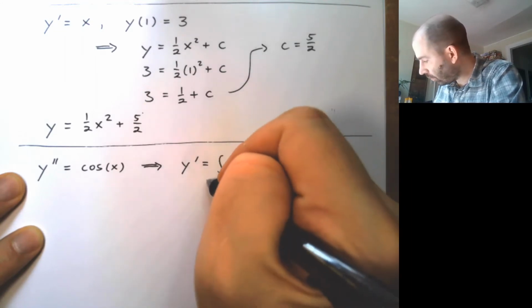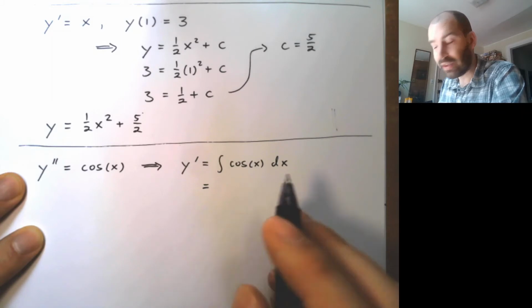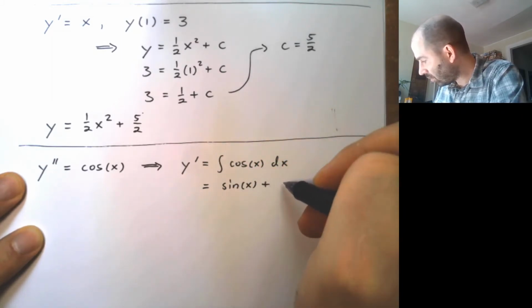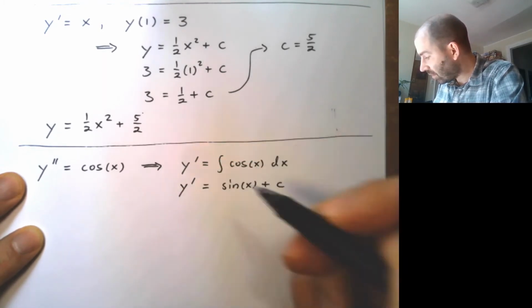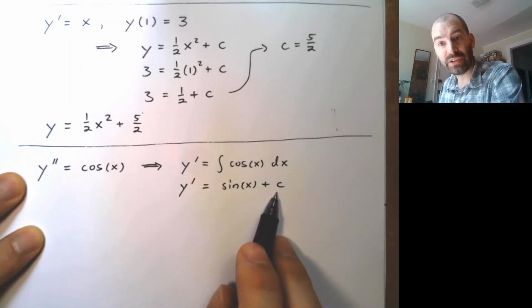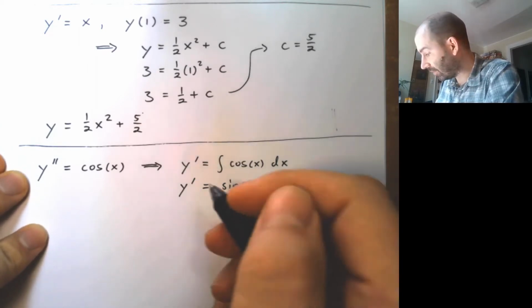And if we simplify this, if we evaluate this indefinite integral, we see we get this. So this is a new equation for y prime. And now we have a first order differential equation, so we can now find y by anti-differentiating again.